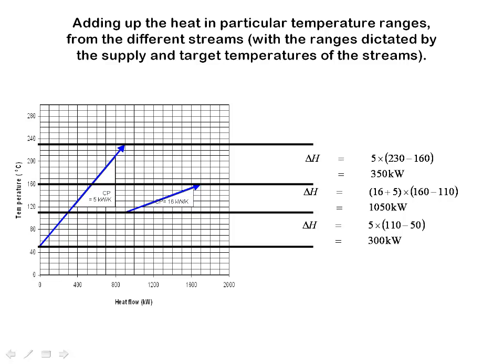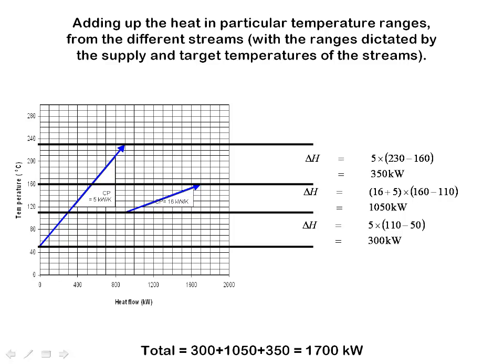And then up at the hottest temperature range, our first stream needs a total of 5 times 70, which is 350 kilowatts at that highest temperature. Once again, the total amount of heat that's required is 300 plus 1050 plus 350, which is 1700 kilowatts.